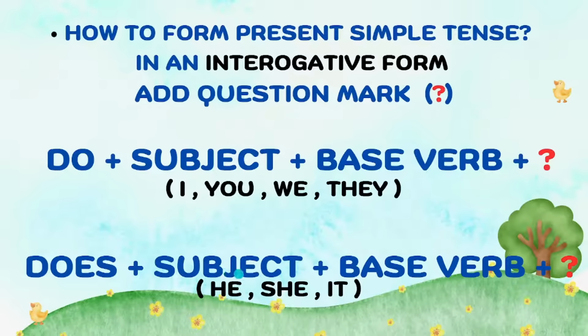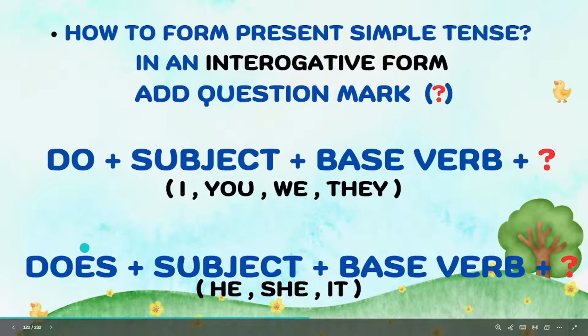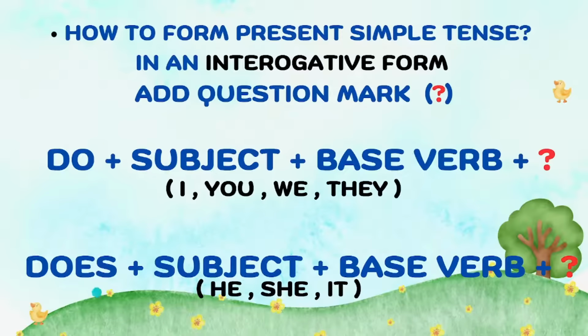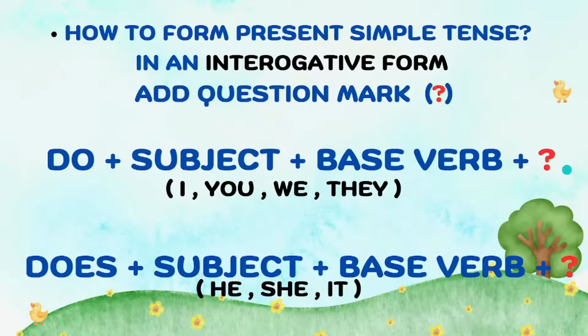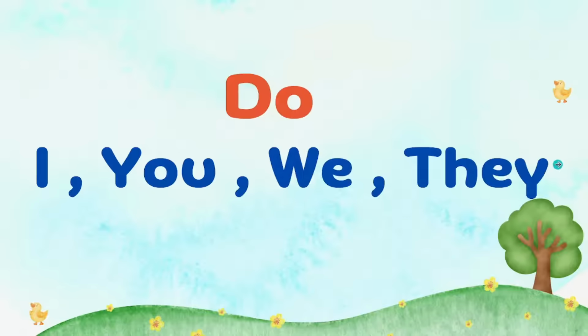Now, tip number 2. Usually, he, she, and it always use the es helping verb. Now, to make it clearer, let's always remember that the do helping verb always comes with the I pronoun and then you, we, and they subject pronouns.